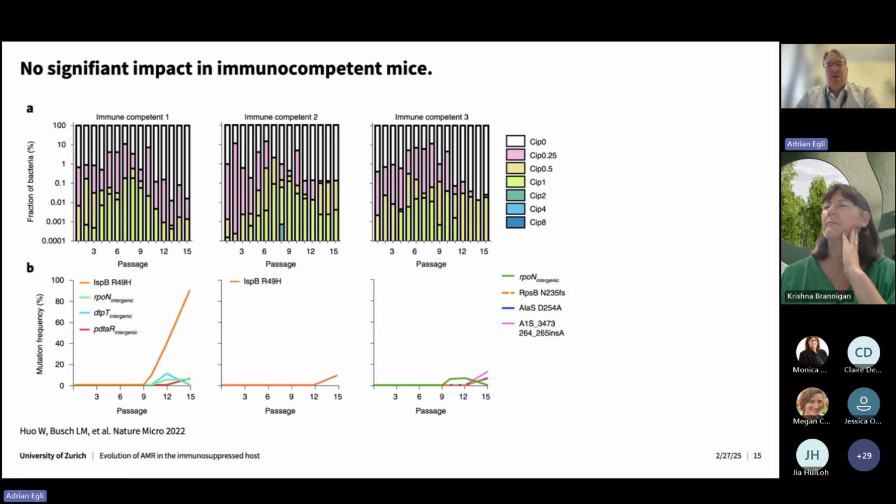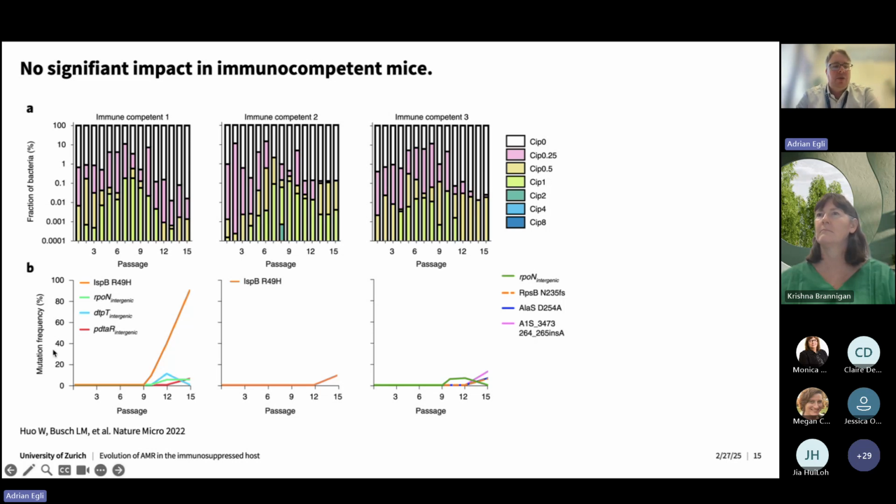So for example, the white ones were fully susceptible to ciprofloxacin. The pink ones had an MIC of 0.25, and the green colonies here had an MIC of 1. Overall, when you look over these different passages, this stayed the same. So there was no accumulation, let's say, of certain populations.